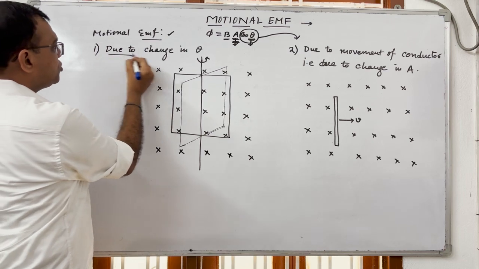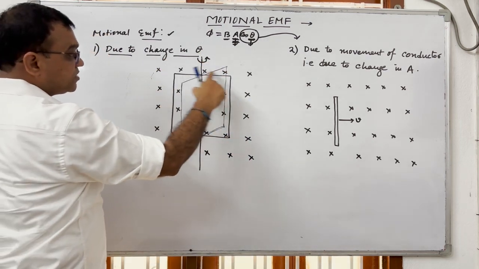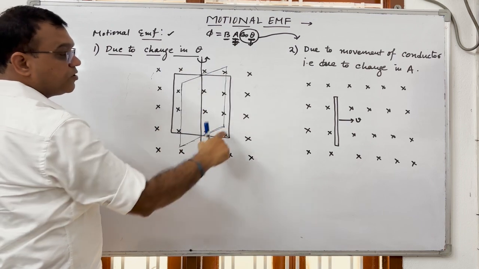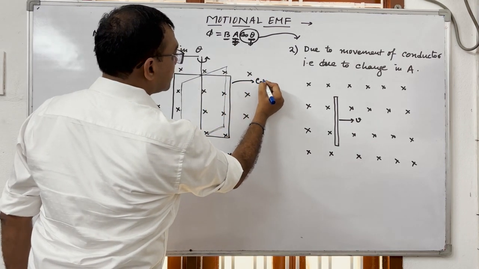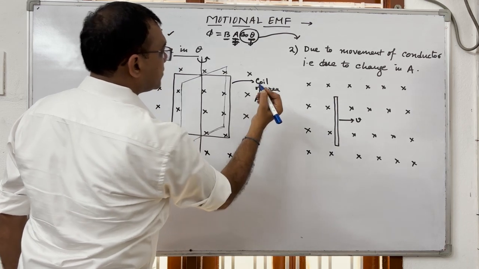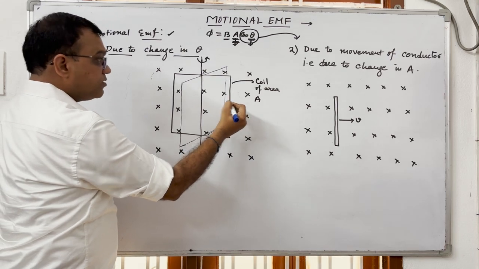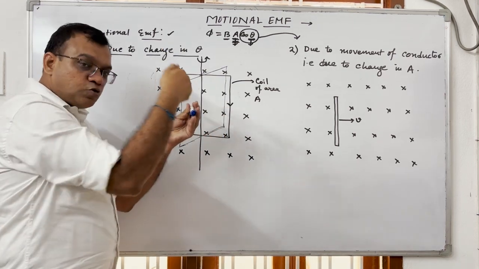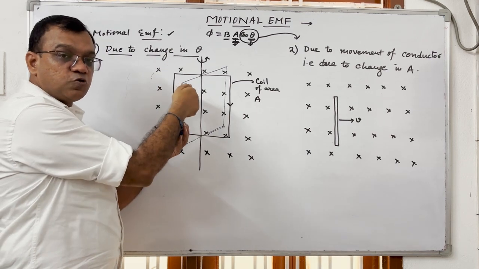Now, due to change in orientation, due to change in theta, let us consider one coil. Say this coil is of area A, and its area vector is into the board and magnetic field is also into the board.